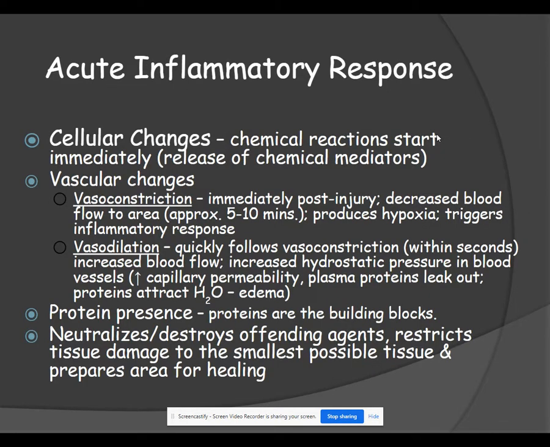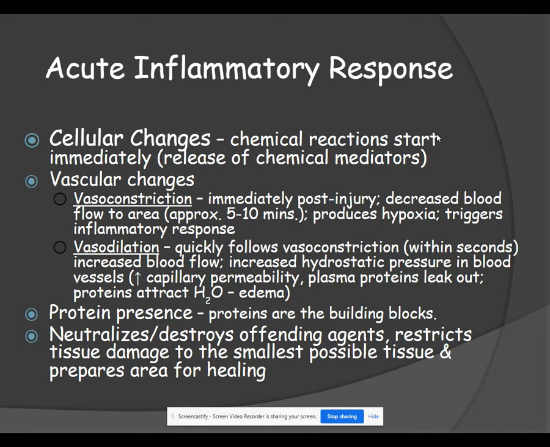Acute inflammatory response. There are cellular changes like I mentioned, so it's a chemical reaction that starts right away. Then we've got the chemical mediators that cause vasoconstriction and vasodilation. Histamines are released from an injured cell and cause the vasodilation. Then the cytokines help attract more phagocytes to the inflammation, which allows for the healing.